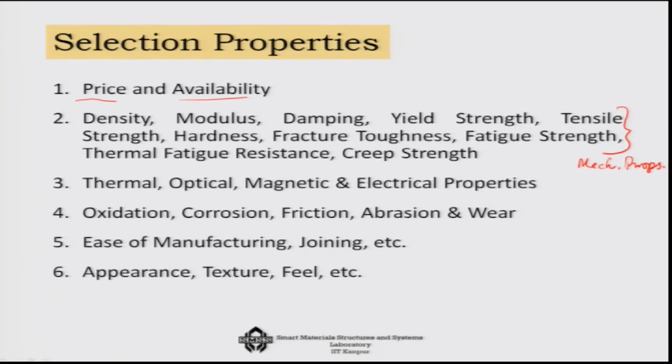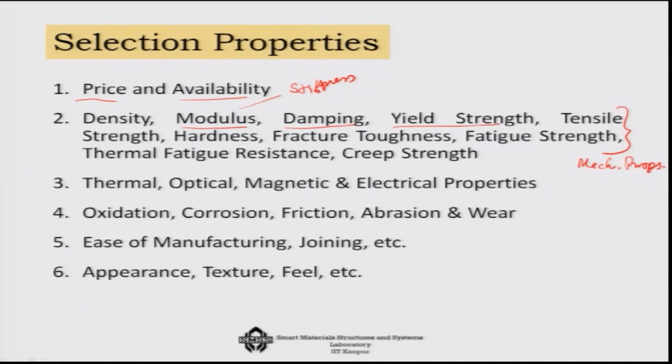And in this group of mechanical properties, we have to think of things like density of the material, because many times your system is to be of lightweight. Then you have to think of the modulus, because modulus is related to stiffness of the system. We will see it through some example in the next class. We may have to think of the damping, because for dynamic works damping is very important.